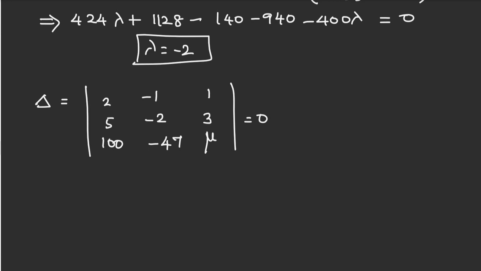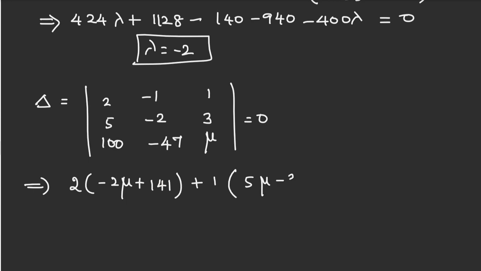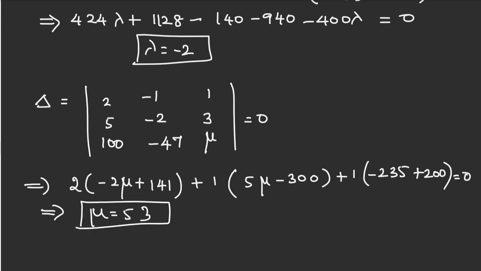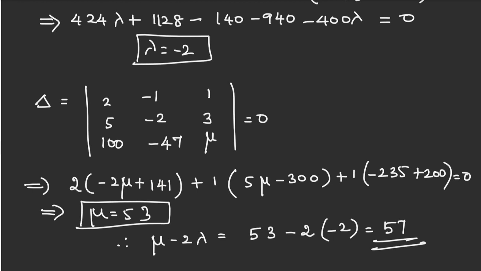Equating delta to 0, we get 2 times minus 2 mu plus 141, 3 into 147, so 141 plus 1 into 5 mu minus 300 plus 1 into minus 235 plus 200, equating this to 0, we get mu is equal to 53. So lambda is equal to minus 2 and mu is equal to 53. Therefore, mu minus 2 lambda becomes 53 minus 2 into minus 2, which is 53 plus 4, which is equal to 57.